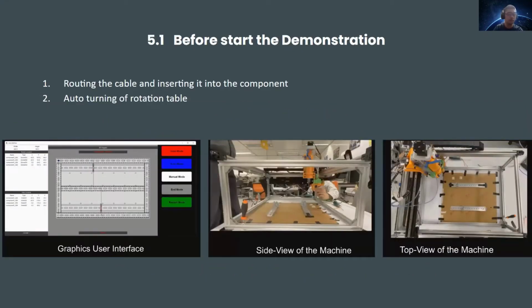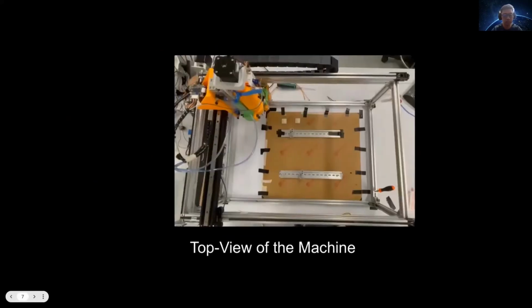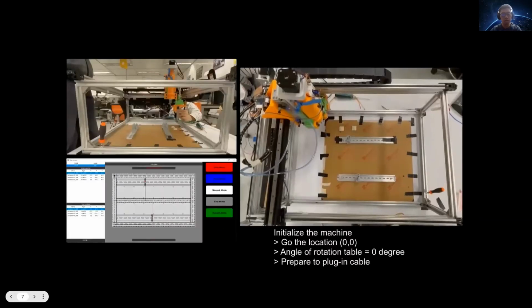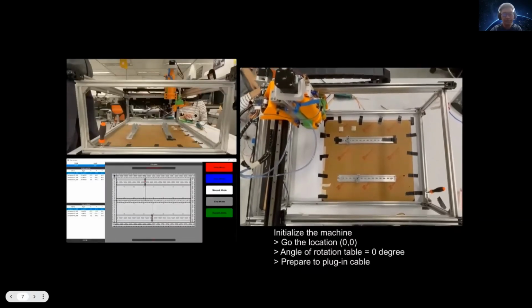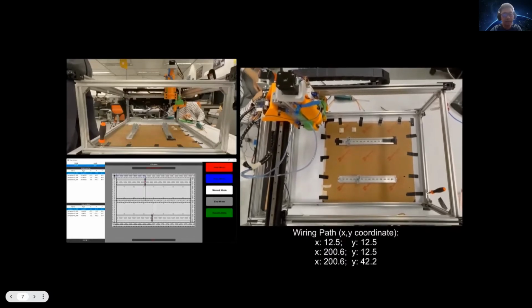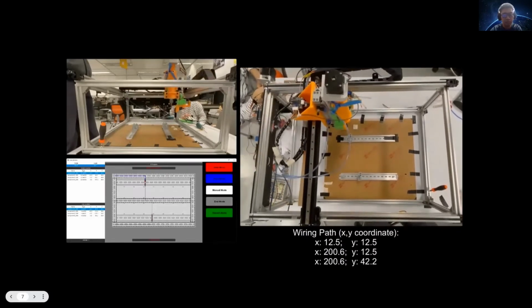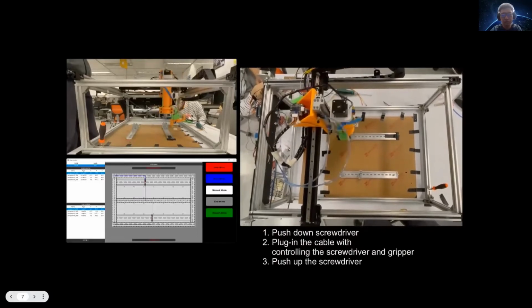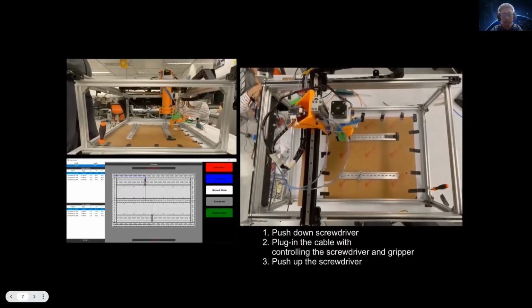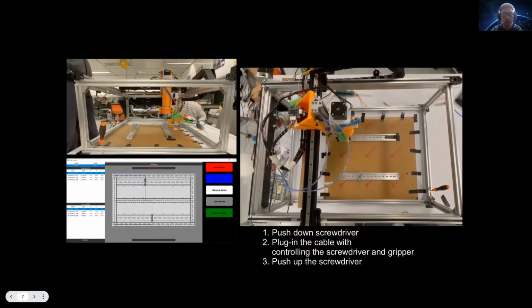Before the demo, these are the three main views in the demo. This is the GUI, the side view of the machine, and the top view of the machine. As you can see here, this is an XY gantry system which carries the screwdriver to a certain position, and then it drops down to the screw hole.